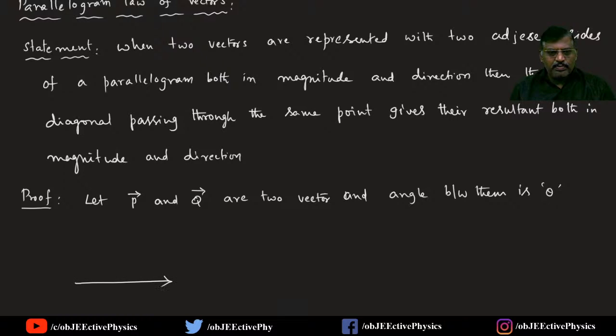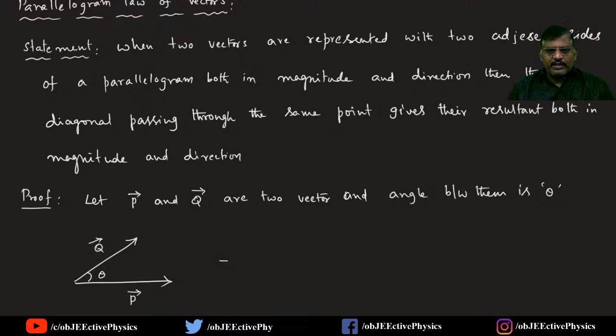Let us take P bar as one vector and Q bar as the second vector. Now we want to add these two vectors, that is, find the sum of the two vectors. The angle between these two vectors is taken as theta.